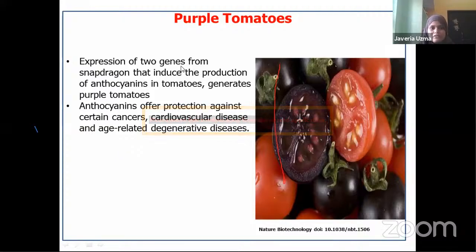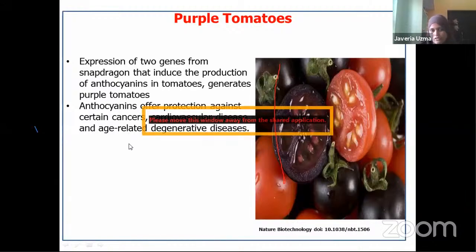So from Snapdragon, two genes are taken and they are introduced into tomatoes, which generate purple tomatoes. So these purple tomatoes will give many benefits because they contain anthocyanins. Anthocyanins are the pigments which help in combating all these diseases.